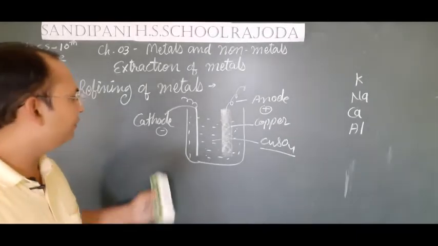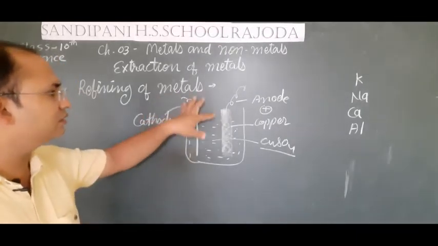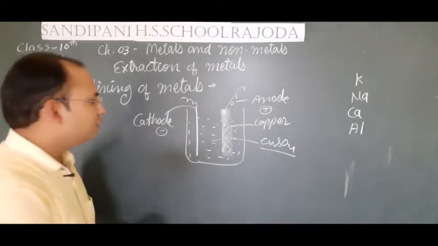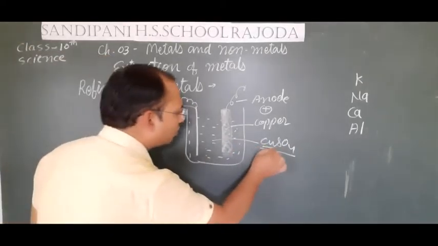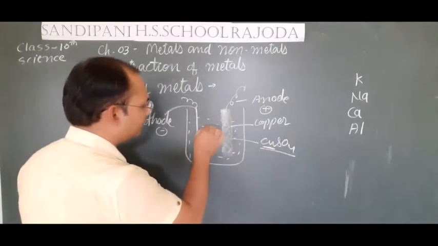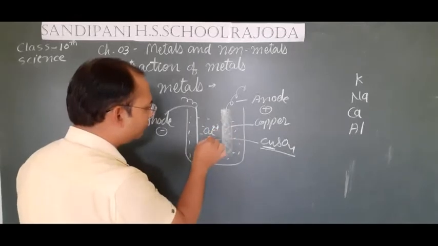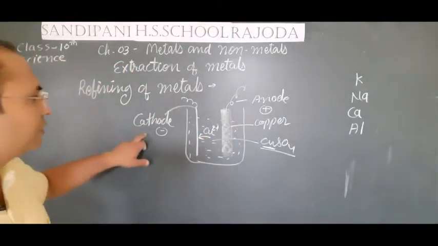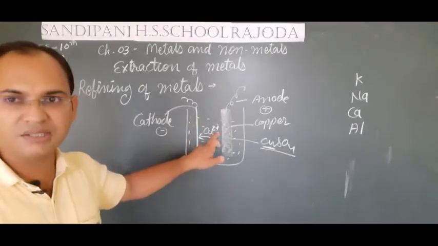Now students, whenever we pass electricity through these electrodes, the copper ions that are dissolved in the copper sulfate solution, that are Cu2+, will move towards the cathode, because the cathode is negatively charged and the ions are positively charged.